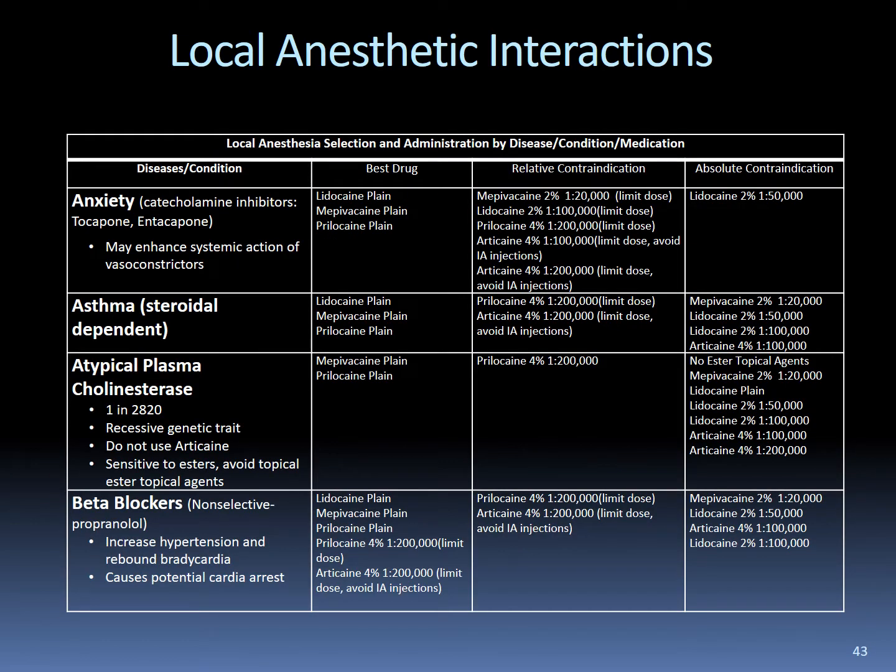Attached to this lesson for local anesthetic interactions is a chart that will select the best drug, relative contraindicated drugs, and absolute contraindicated drugs. This is listed by disease, conditions, and medications. Just take a quick look at the following slides and reference the attachment to this lesson.